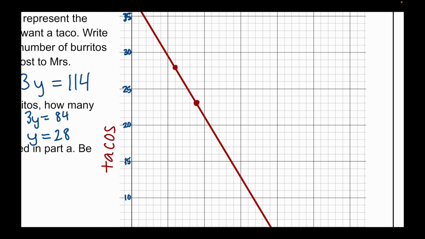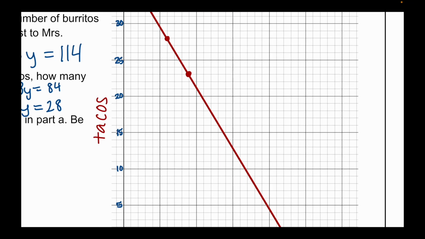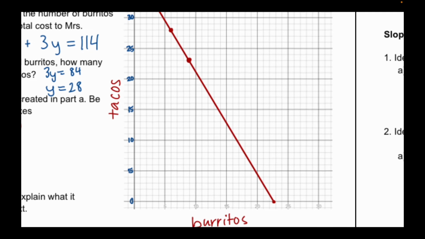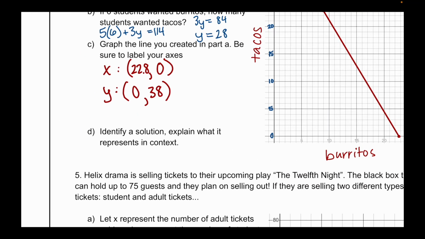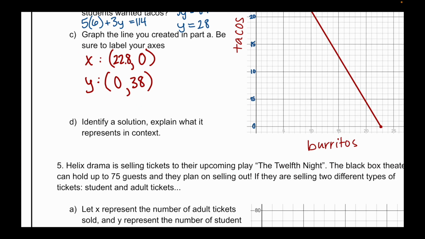That's 23 tacos, because that is the vertical, and then it is 9 burritos. So let's identify that one. 9 burritos and 23 tacos. That means 9 students wanted burritos and 23 wanted tacos.